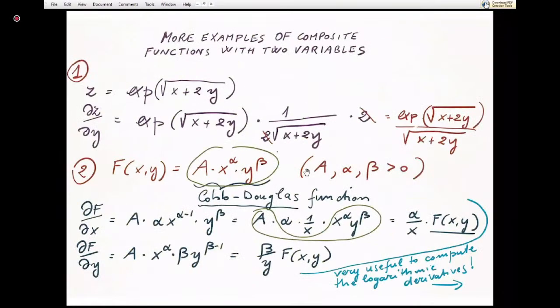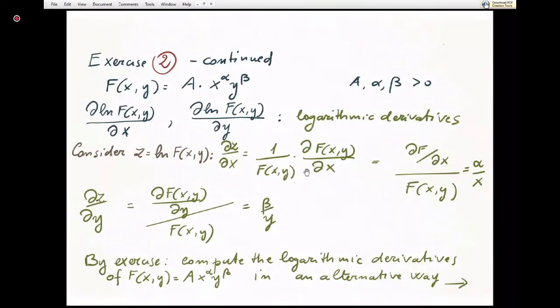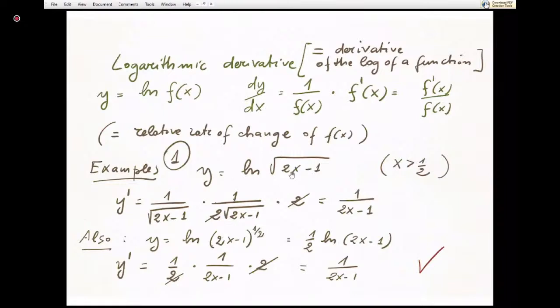For instance, here is an example with a one variable function. This is quite instructive.